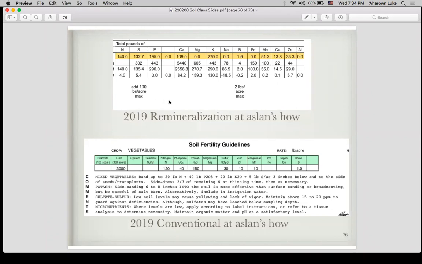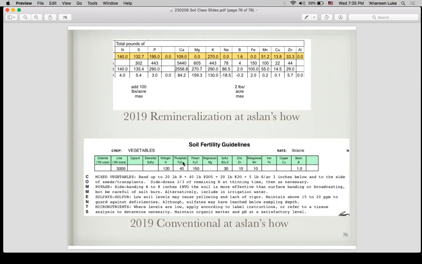So you can see that, okay, like the basic NPK, this is nearly twice the amount of potassium that the conventional lab is offering or asking for.